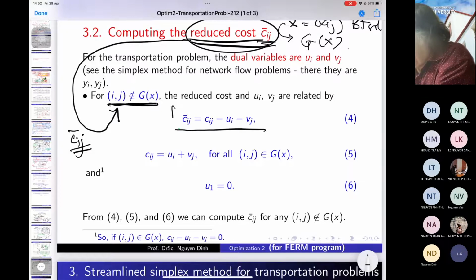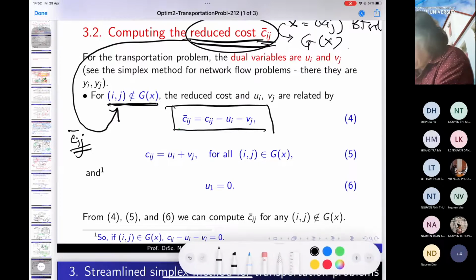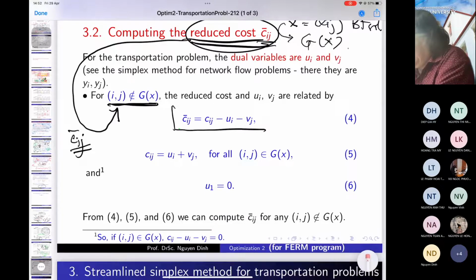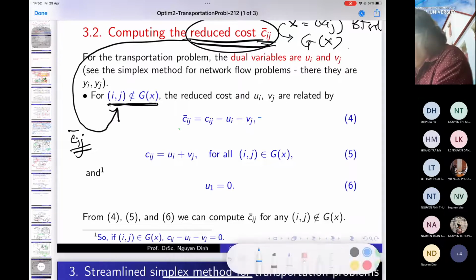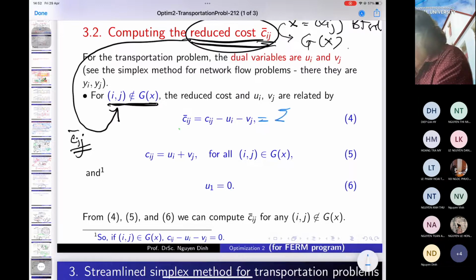Then the formula for calculating C bar ij. Last time I told you that C bar ij was calculated by a formula like this: the sum of Cij for ij belonging to C plus, minus the sum of Cij for ij belonging to C minus.